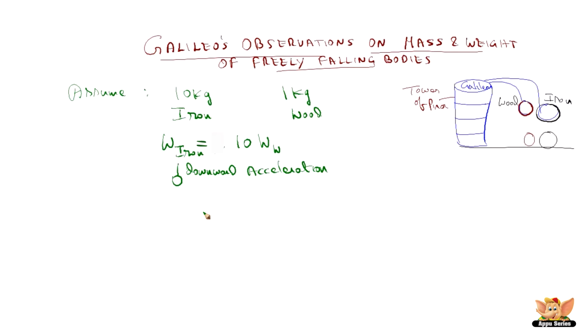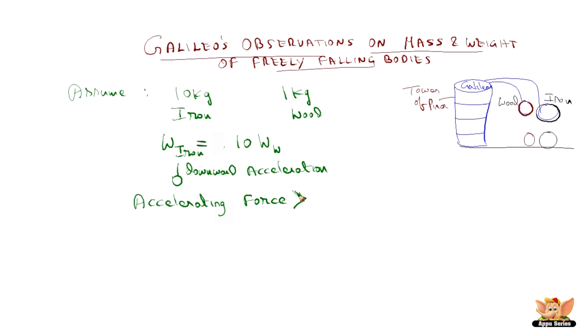So this acceleration is created by the accelerating force. What is the accelerating force? Acceleration is created due to a certain force. In freely falling bodies, this accelerating force is created due to the Earth's gravity.